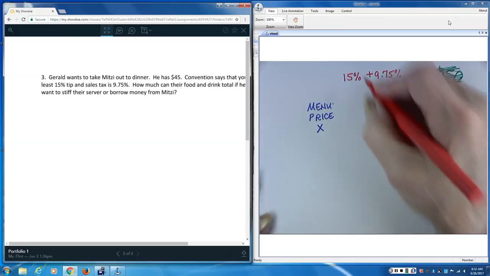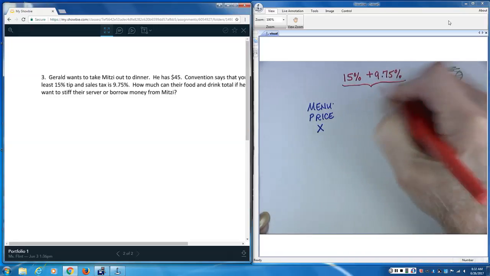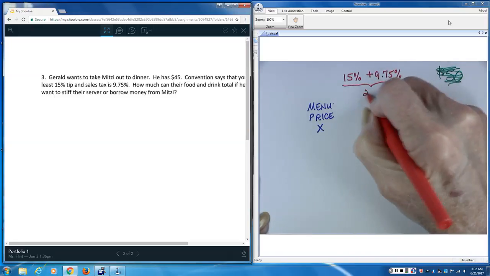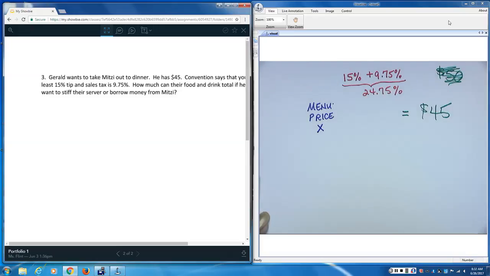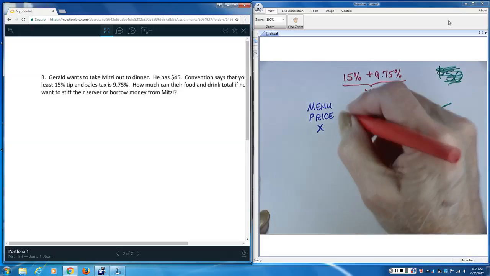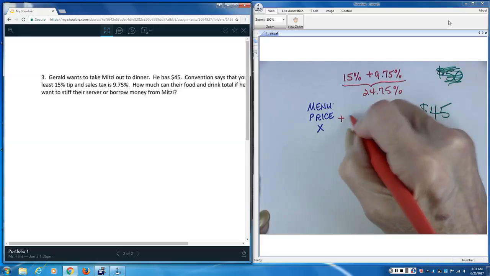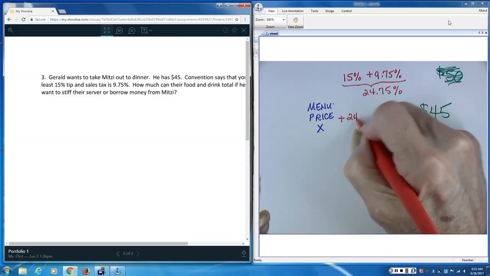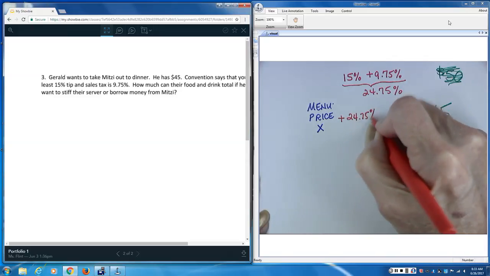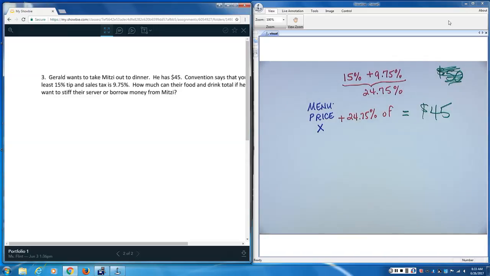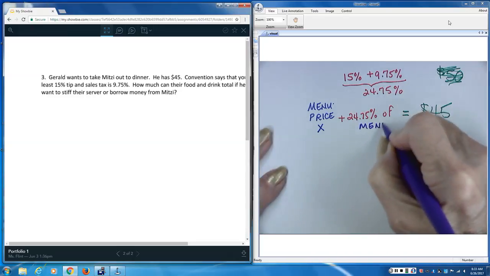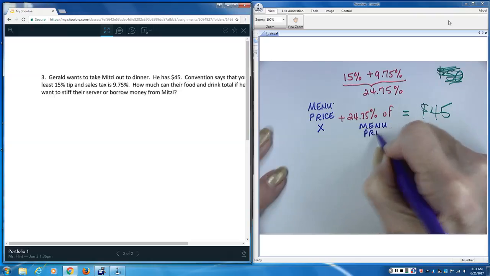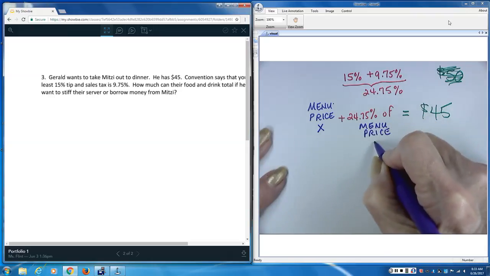So that's a total of 24.75%. And that's 24.75% of the menu price, which is X.